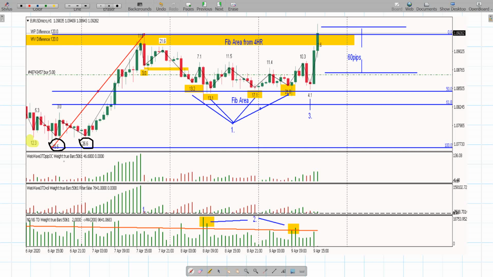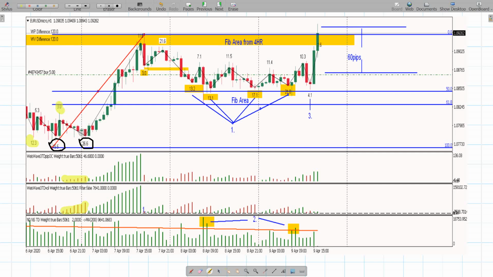Okay, that's also visible here: volume, small pip move. Okay, this is a classic Plutus reversal pattern. And where is it?